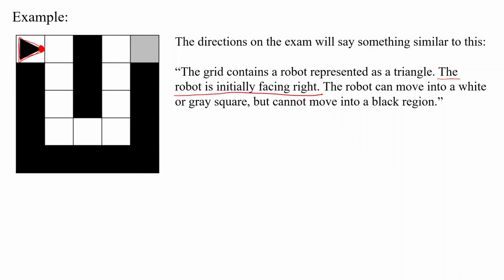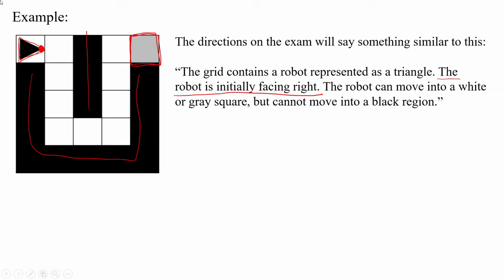And then it'll say the robot can move into a white or a gray square, but cannot move into a black region. So sometimes you'll see an open grid with no black or gray squares, and sometimes you'll see a few of them. Okay, so the black squares, they can't move into the black squares at all. And usually on the exam, a square is going to be gray because it wants the robot to end up in that destination.